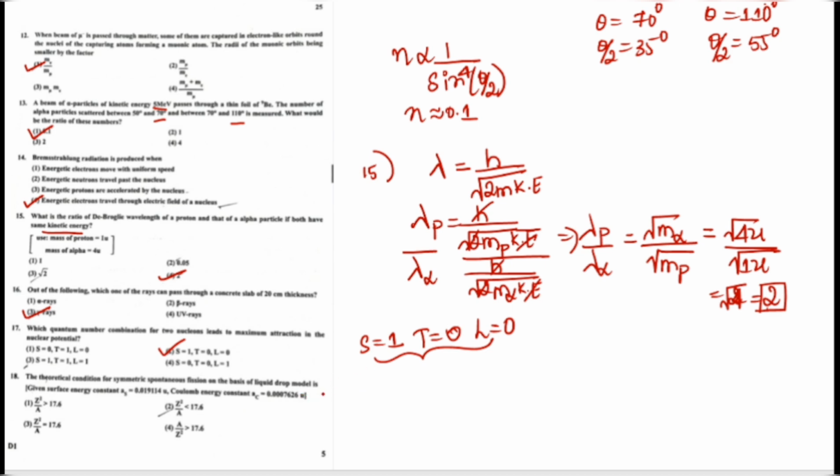For the liquid drop model, the theoretical condition for symmetric spontaneous fission is Z squared, the square of the atomic number, divided by atomic mass, nearly equal to 15.55. So from these options I can conclude that it is less than 17.6, because 15.55 is less than 17.6. So I can go with option 2.